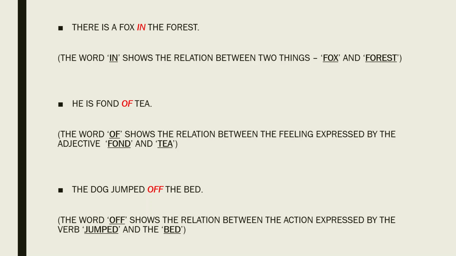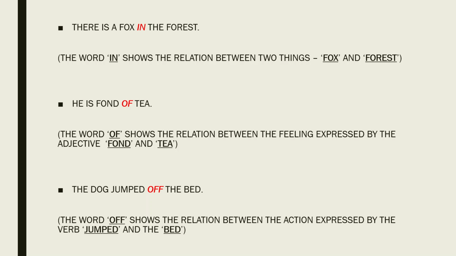Right? So these two words, in and outside, are prepositions. You can use a preposition of your choice, but you need to remember that will change the meaning of the sentence.